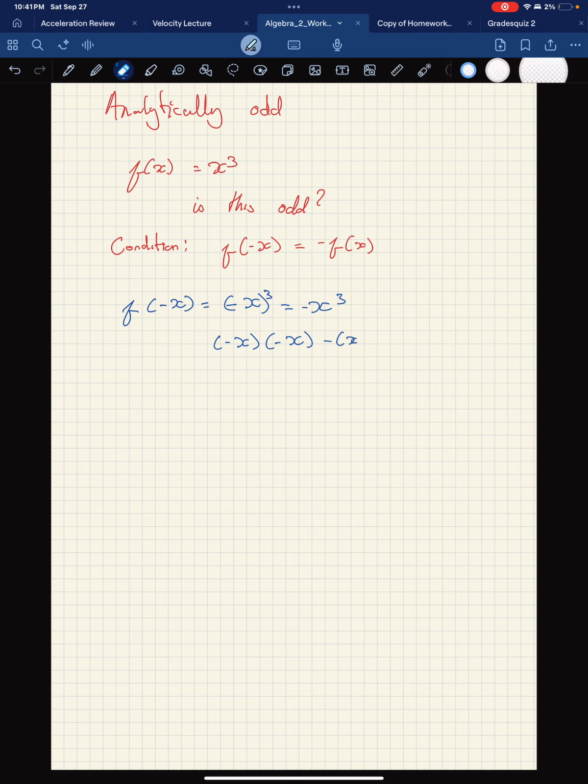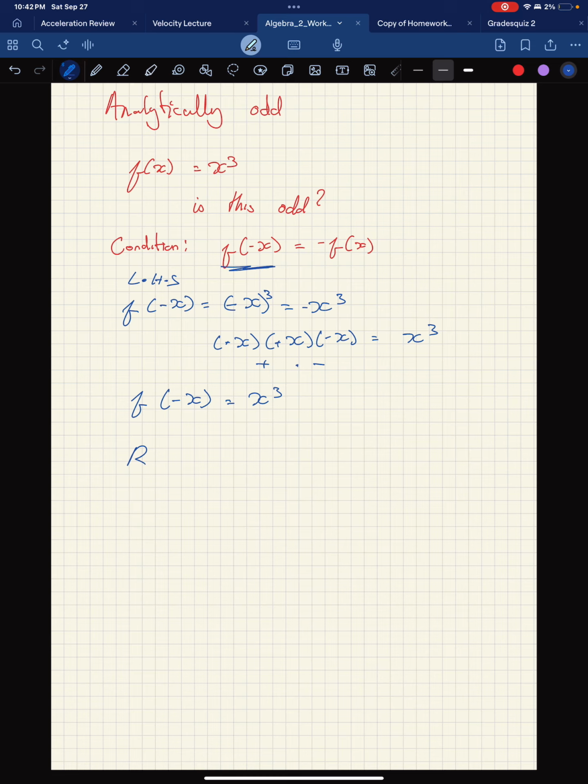Then negative times negative is positive, and another negative again, so that's going to be minus x to the third. So we figured out that f of minus x is minus x to the third, and this is our left hand side. Now let's see if we can make our right hand side equal that.